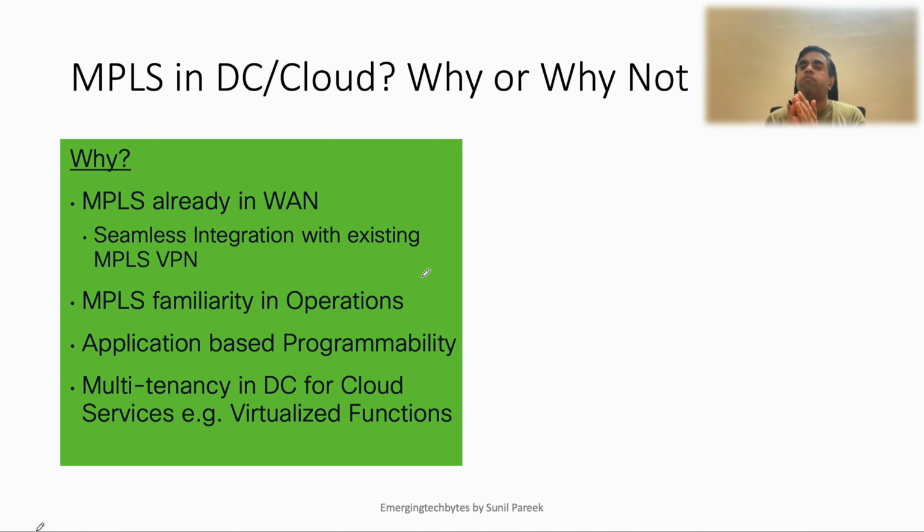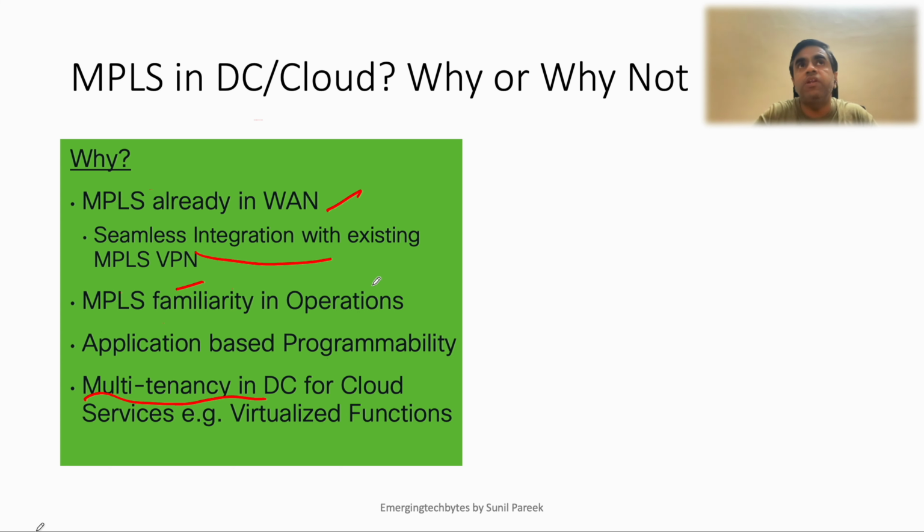First, let's look at some factors which were in favor basically. MPLS was already there on the WAN side. MPLS supported multi-tenancy, and in data center, this is one of the key requirements. So MPLS was supporting multi-tenancy for SPs for quite some time. MPLS can seamlessly integrate with the existing network, or even when the WAN was MPLS.